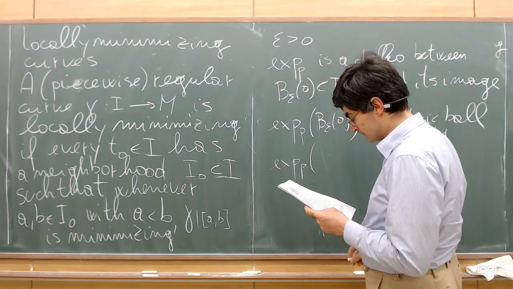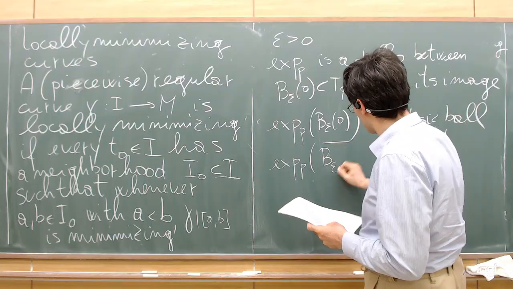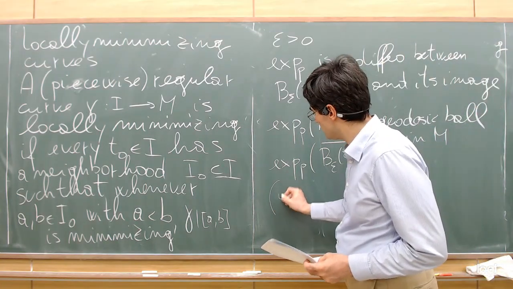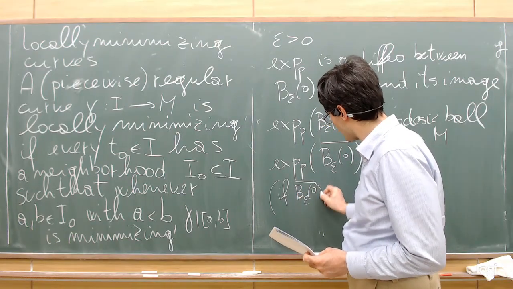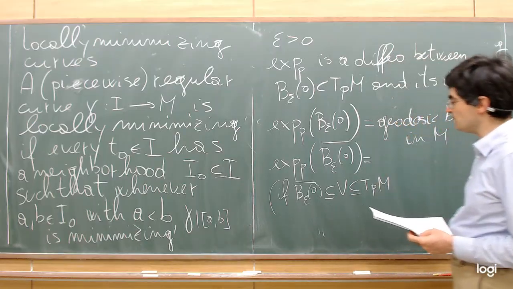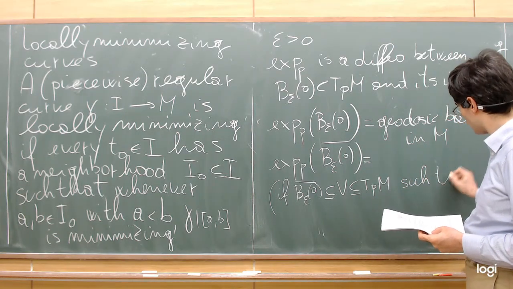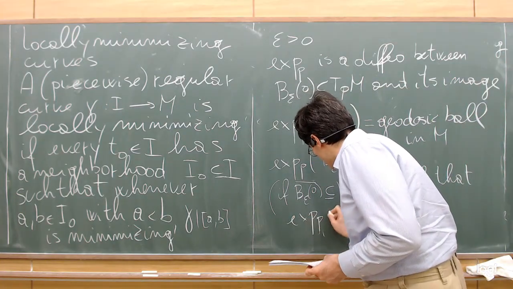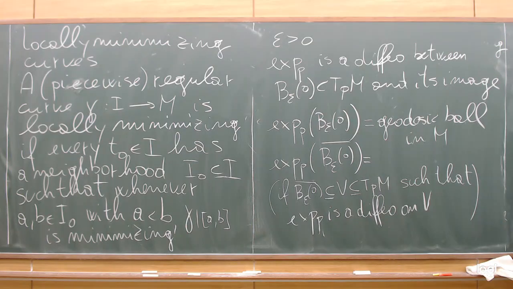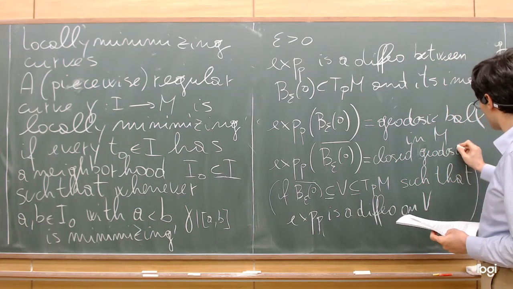Instead, this one, under the assumption that this is contained in V in TPM, such that exp_P is a diffeo on V, is a closed geodesic ball.